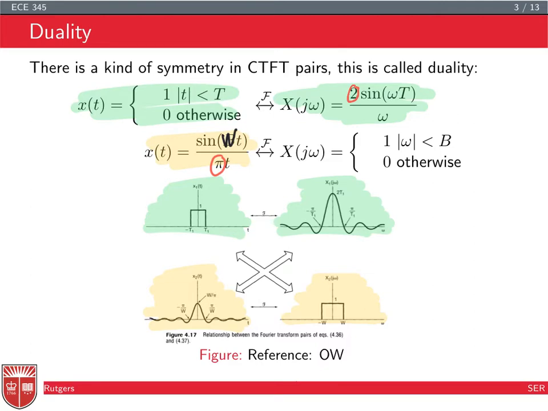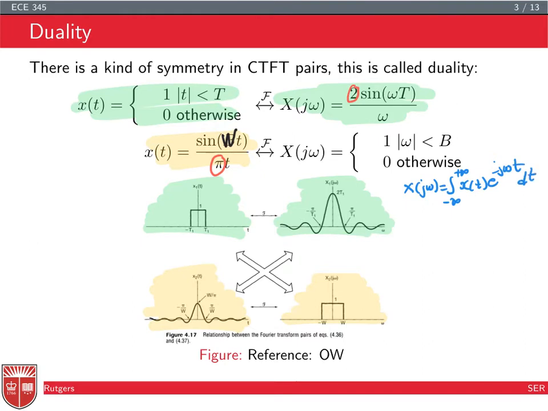Now the reason why this happens is because of the CTFT and the inverse CTFT. They're basically the same. So if you have a signal x of t, then x of j omega is the integral between -infinity and +infinity of x of t e to the minus j omega t dt, right?